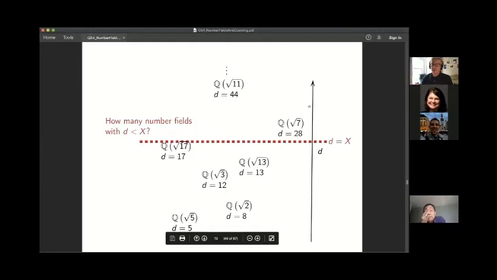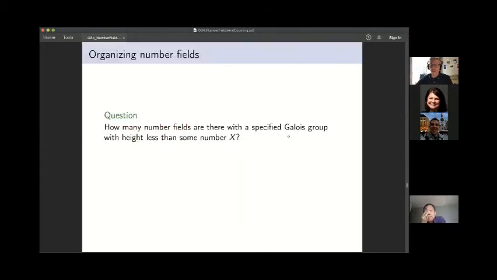And so now the question we're going to ask is, well, if we fix a number x, can you count all the number fields living below x? So in this picture, that corresponds to how many fields on the picture live below this red dotted line. I should just say this picture is very crude. There are many more number fields that should be on the picture than I've drawn, but hopefully this conveys the idea of what I'm trying to say.